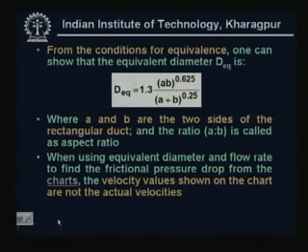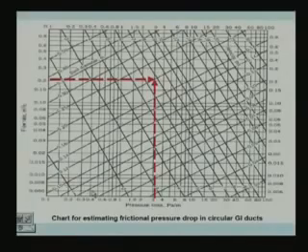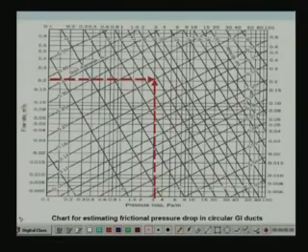And when using equivalent diameter and flow rate to find the frictional pressure drop from the charts, the velocity values shown on the chart are not the actual velocities. For example, let me show this. As I mentioned earlier, this standard friction chart is valid for circular ducts. And I have a flow rate of 0.2 meter cube per second, same as the earlier example, and a pressure loss of 3 Pascal per meter.